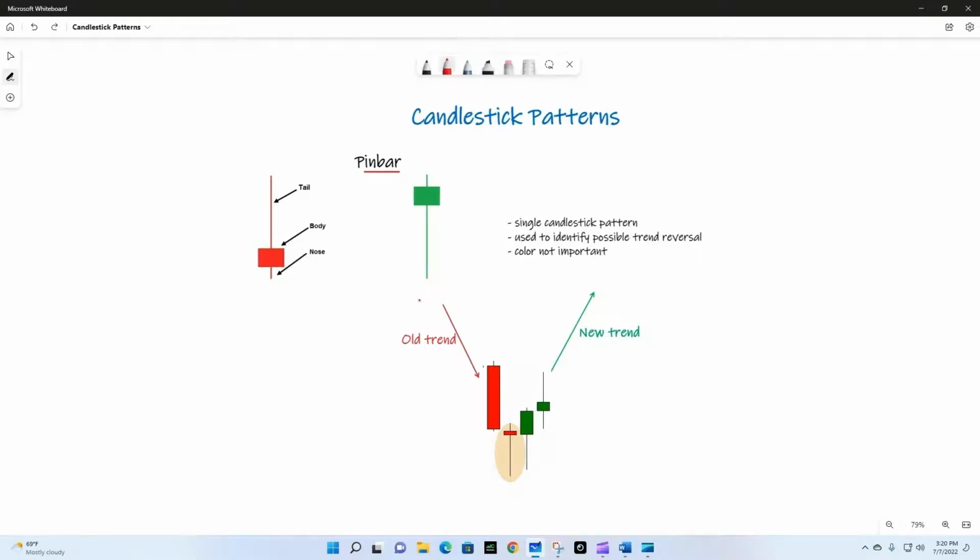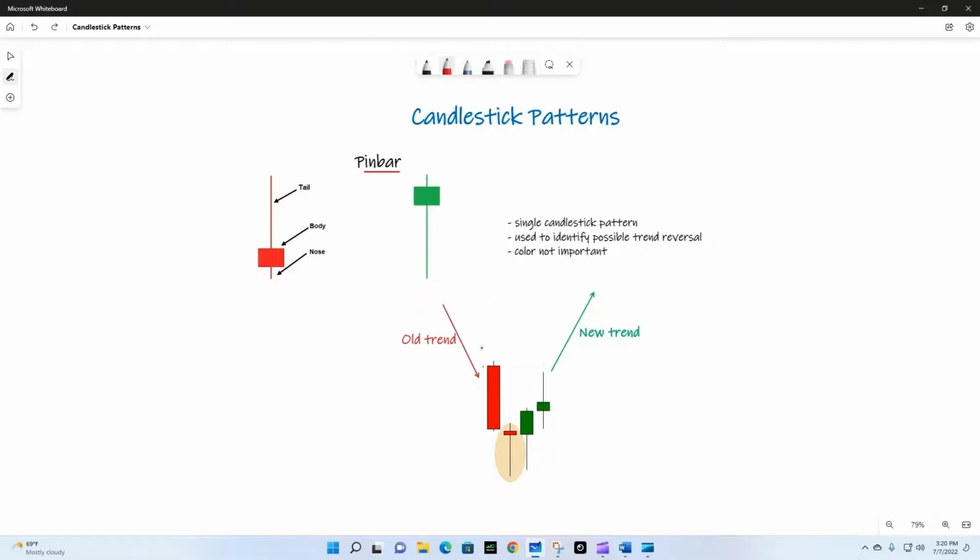Since it comes in single on its own, it will give you complete information on what is happening on the market. Most of the time, it's used to identify possible trend reversals, and the color may not be important, because you can find a green pin bar on a buying trending market, or even a red pin bar still on a buying trending market.